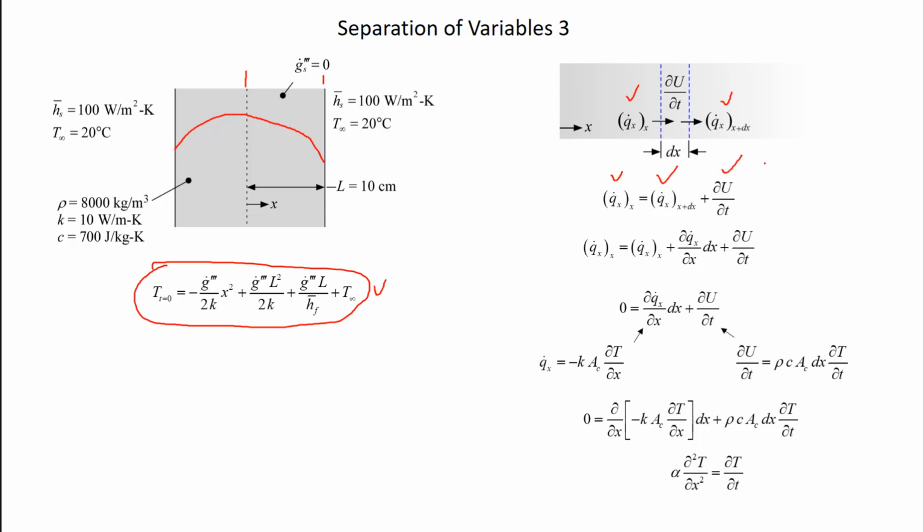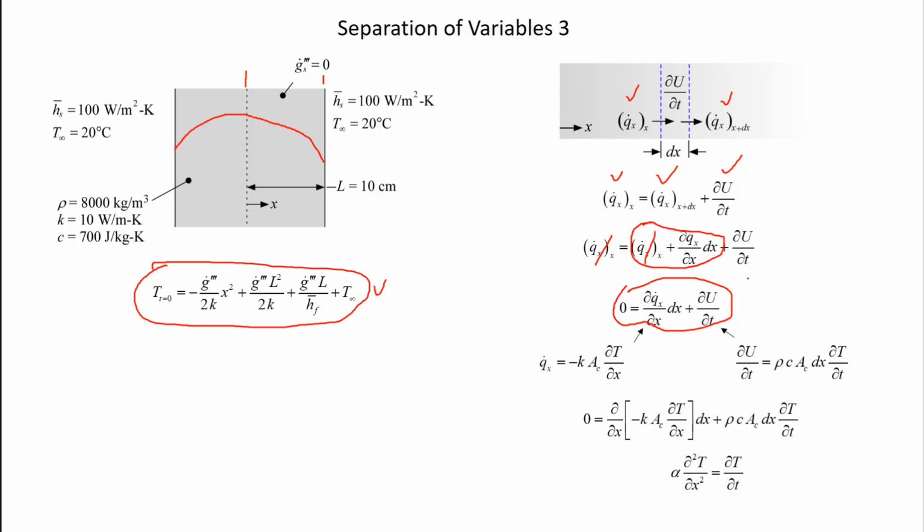The next step is to expand the x plus dx term and take the limit as dx goes to 0. That gives us this, and of course this cancels, so we end up with this differential equation right here. As always, we end up with a differential equation written in terms of energy, because that's what we're trying to do: balance energy.